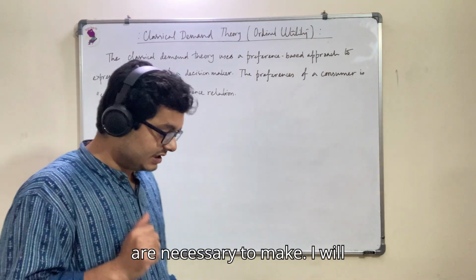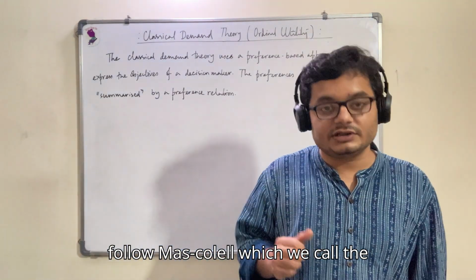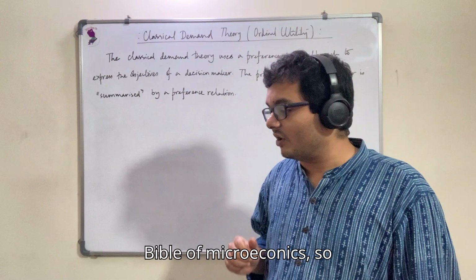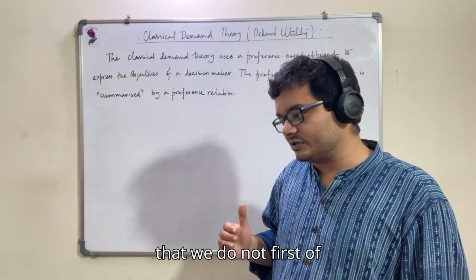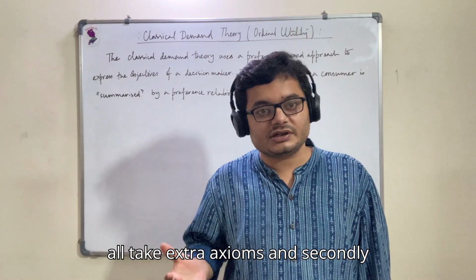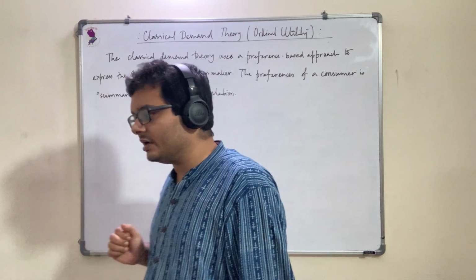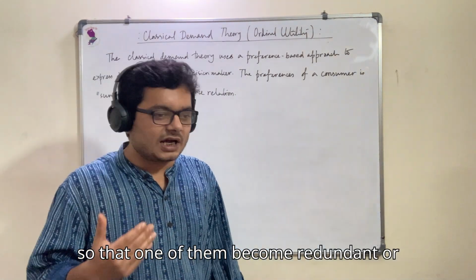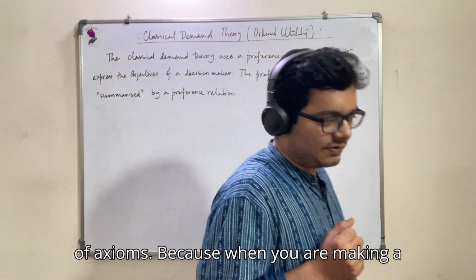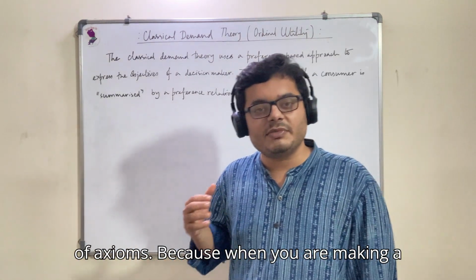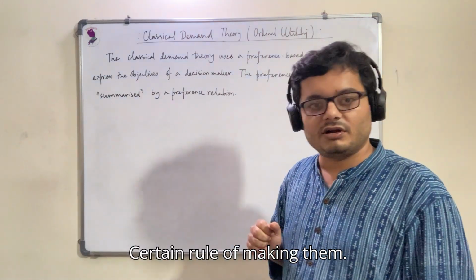I will follow Mas-Colell, which we call the Bible of microeconomics, so that we do not take extra axioms, and secondly we do not club axioms in a way so that one of them becomes redundant or implied by other axioms. Because when you are making a structure based on axioms, there is a certain rule of making them.